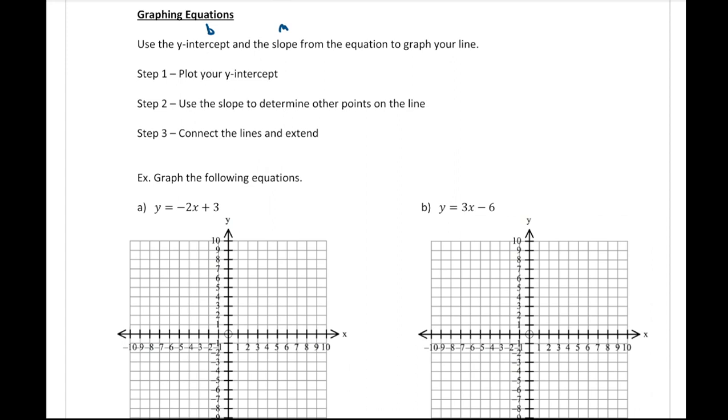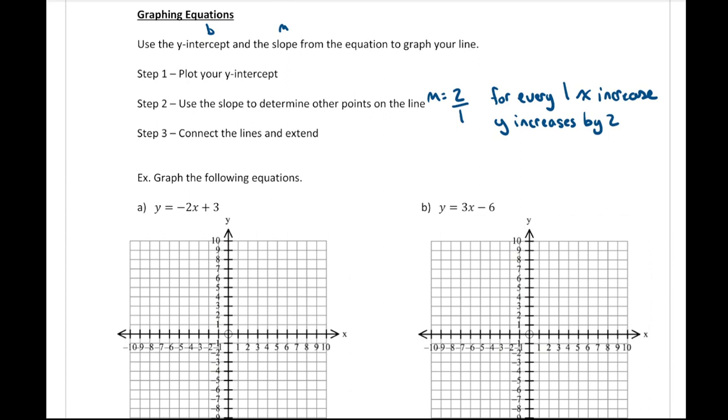Say for example our slope is equal to 2, or m is equal to 2. As a whole number, it's 2 over 1. Or we could say, for every 1 x increase, y increases by 2.